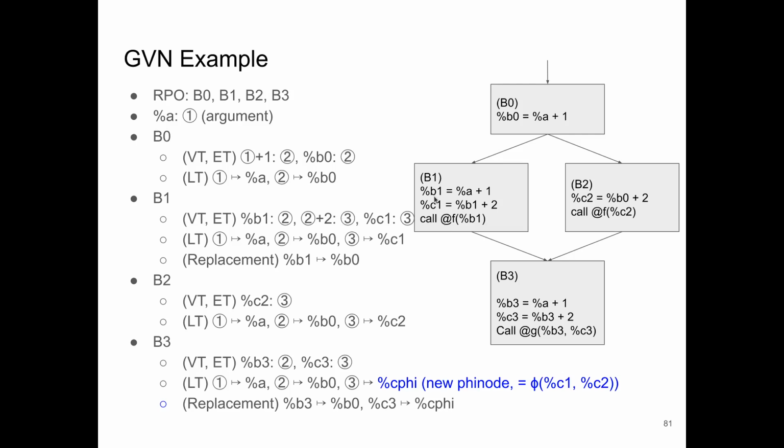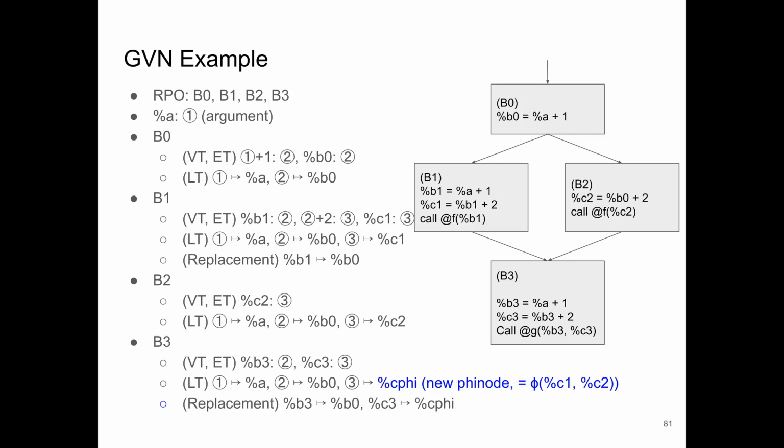The leader value is not changed because B0 already has a leader value, so we don't need to replace it. Instead, we say this B1 is redundant, and we can safely replace this B1 with B0. The reason is B0 is dominating B1.